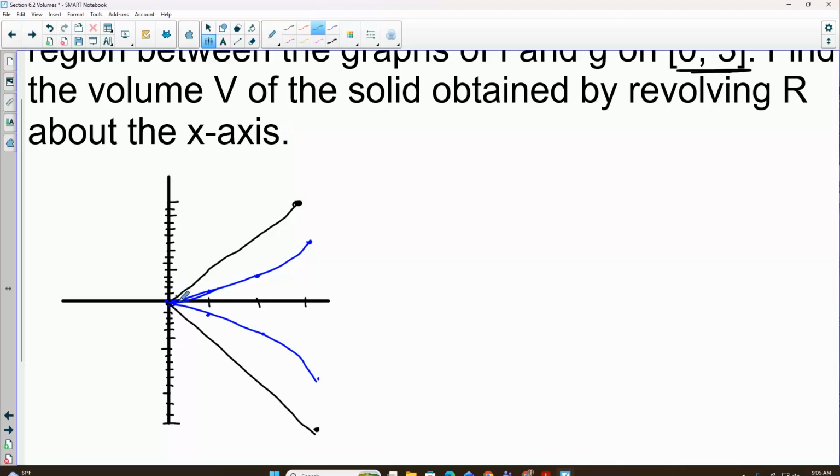So this is my solid. When we rotate that, we're getting like a funnel shape.